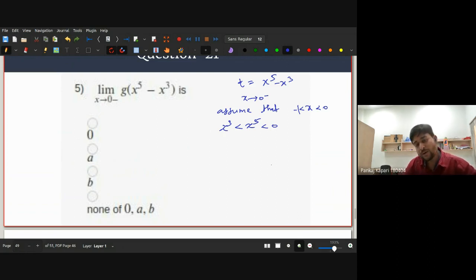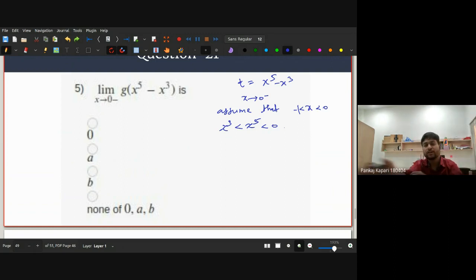When you take higher powers of a number which lies between 0 and 1 or minus 1 and 0, it will go closer to 0 very fast, right? Higher powers will make the function go to 0 faster. Even though x cube will also go to 0 as x approaches 0, and x to the power 5 will also approach 0, because 5 is a higher power, x to the power 5 will approach 0 much faster than x cube.